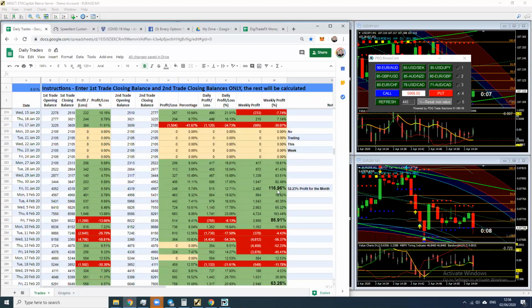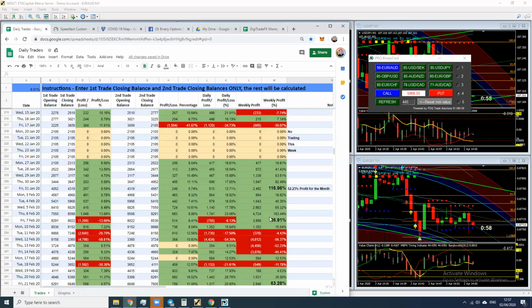There you go. Now there's a clean sweep, 116%. Okay, that week was pretty good. I was happy with that. Okay, that week we had 1 loss on the Friday morning, but we're still up 86%.